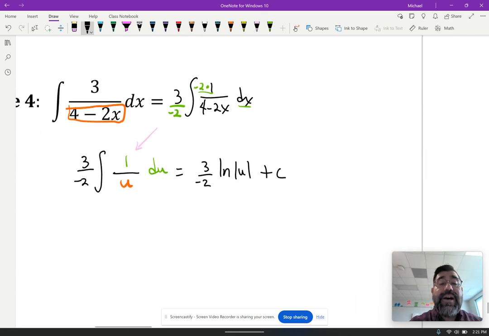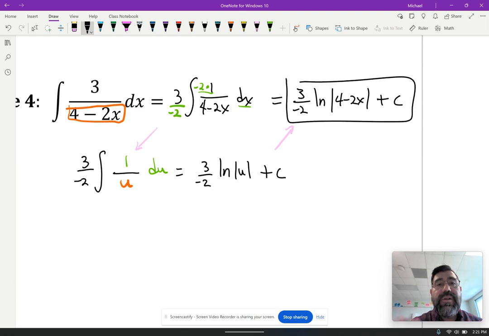And now I can revert back into the world of x's, and my true antiderivative would be the natural log of the absolute value of 4 minus 2x plus c. We put that u expression back in, and we have our antiderivative, indefinite integral. And that's it.